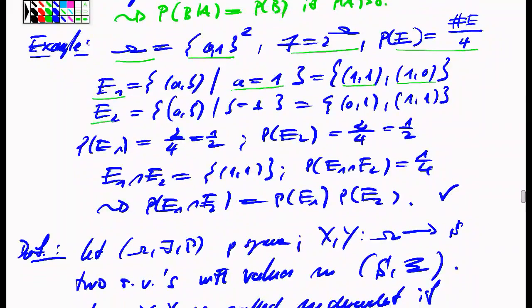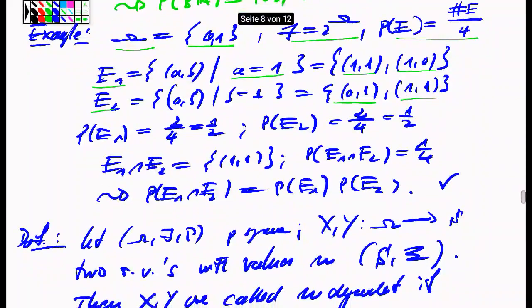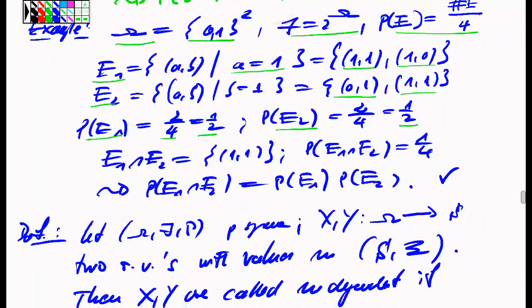And we have the event E2 of success in the second toss, which is the set of the two tuples (0,1) and (1,1). The probability of the event E1 is the probability of an event of cardinality 2 in a set of cardinality 4 for omega, so the probability is a half, and analogously for E2 we have the probability of 1/2.